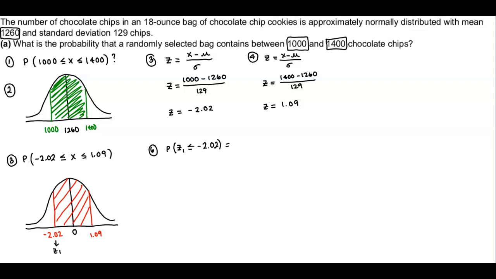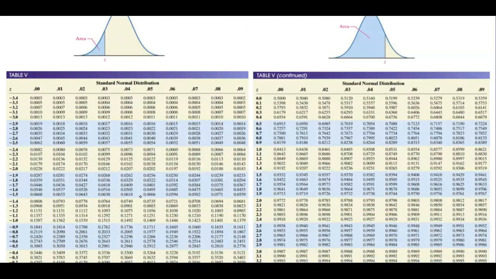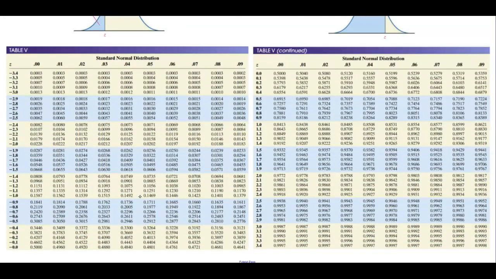What we're looking for is the area to the left of that. In order to do that, we're going to use our table. So let's go down to our z-score table, and we're looking at negative 2.02. So here is negative 2.0, and then there is 0.02.